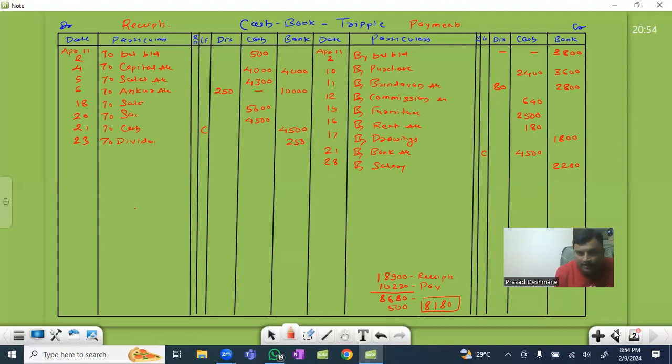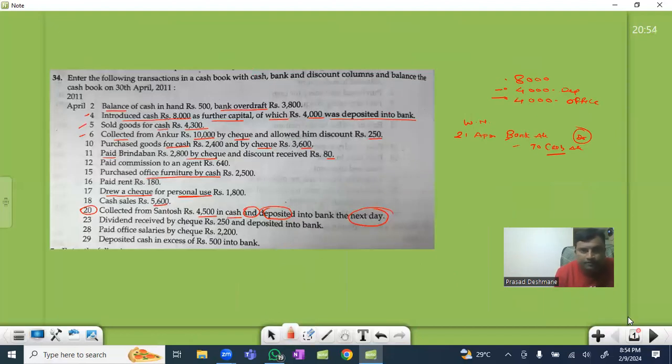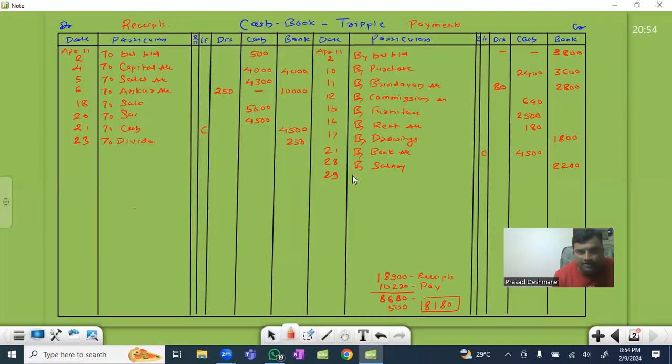What is the date given for that? 29. 29, first here by bank, and here to cash. To cash means amount in the bank column 8,180, and by bank means amount in the bank column. C and C. That's it. Now we'll start closing the account.